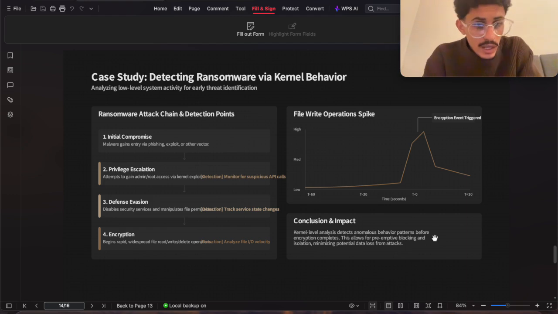It has 4 steps: initial compromise, privilege escalation, defense evasion, and binary patching. Like we see the picture here, it explains how it works.